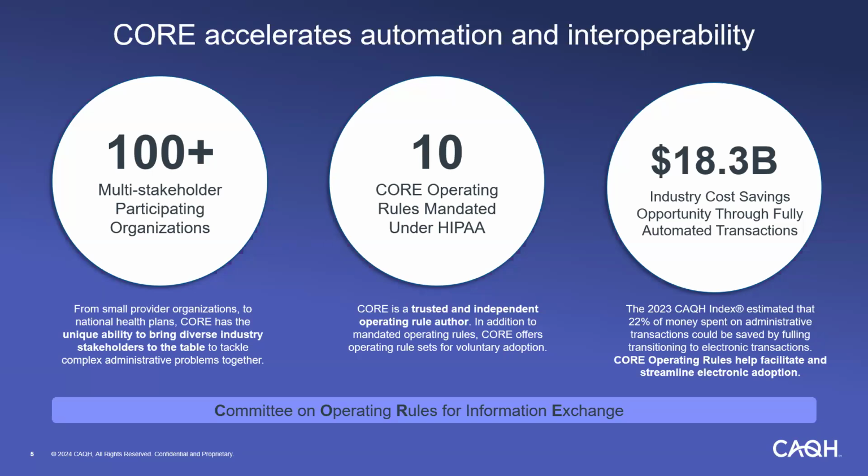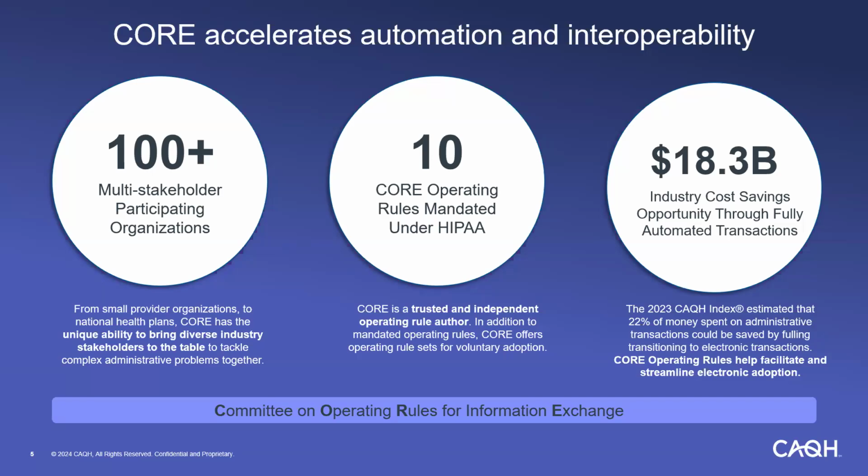We have saved the industry billions of dollars with our core operating rules, both the voluntary ones that are draft, like the one today that we're going to be reviewing, as well as the 10 that are actually HIPAA mandated and are required to be followed and implemented by HIPAA covered entities. So again, the goal is to reduce cost and prevent provider abrasion with health plans, and to do that as seamlessly as possible with technology and data exchange.